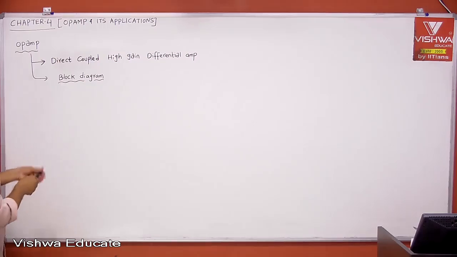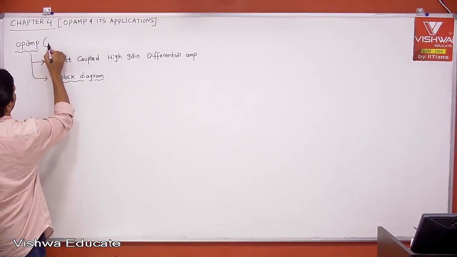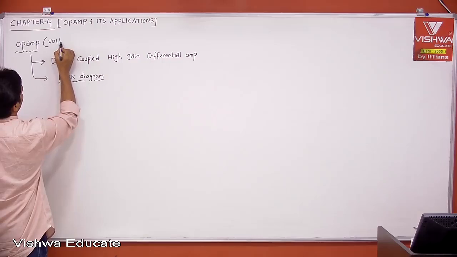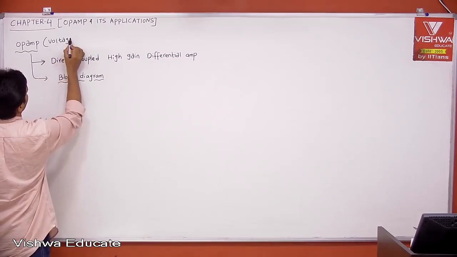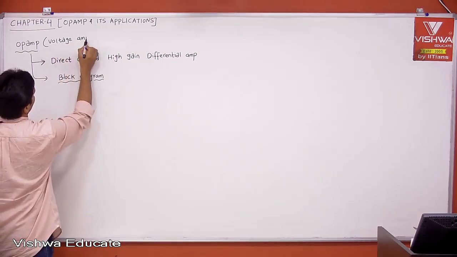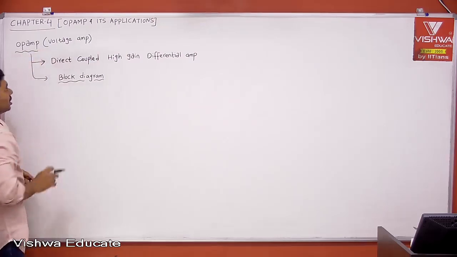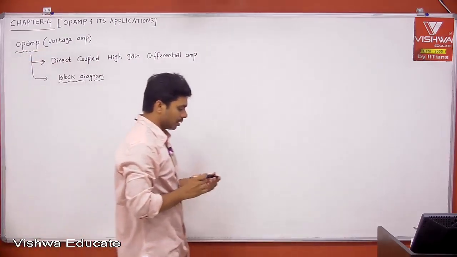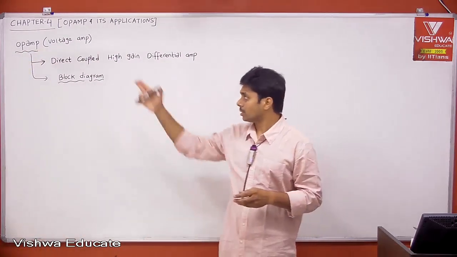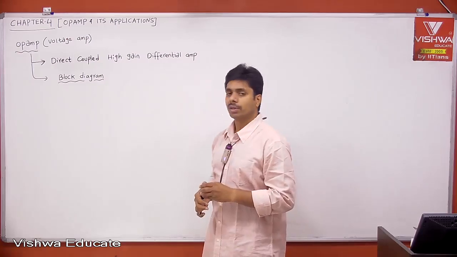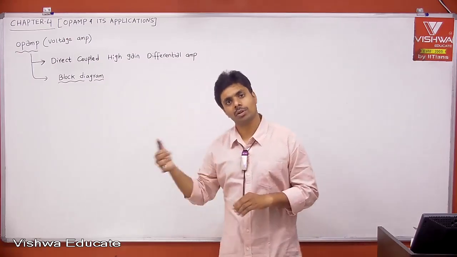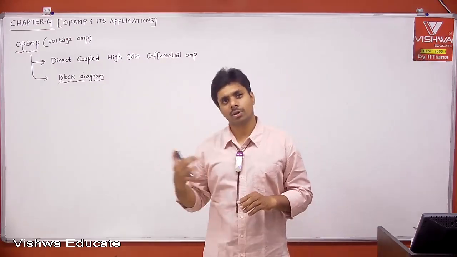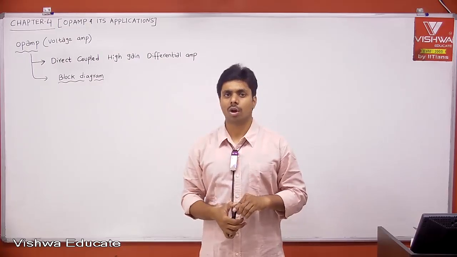When I say ideal amplifier, remember we want a voltage amplifier. By default, we want a voltage amplifier. People developed a special circuit, that is nothing but the op-amp, and it is a voltage amplifier. But we can get a current amplifier, a trans-conductance amplifier, and a trans-resistance amplifier using op-amp.